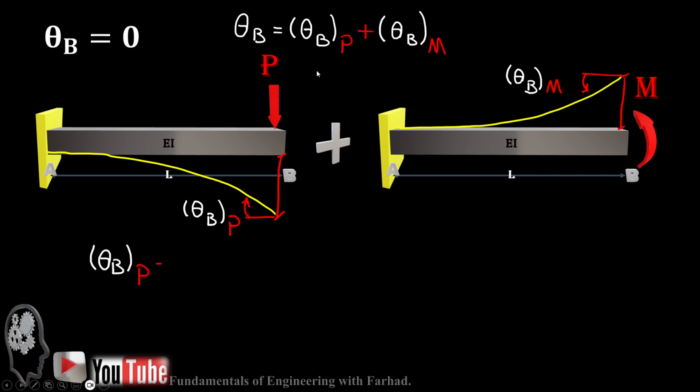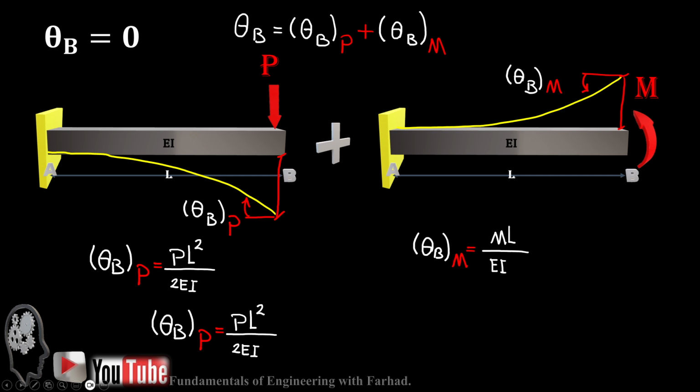So if we add them together, the theta at B for the first cantilever beam due to the concentrated load is PL squared over 2EI, and then theta created by an upward or counterclockwise moment is ML over EI.